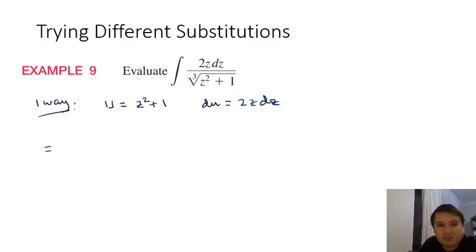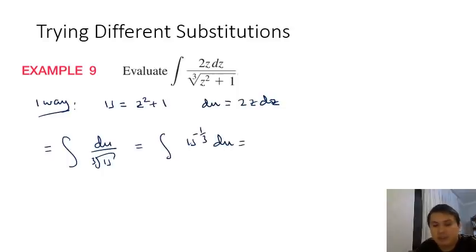So then, once we make the substitution, at the top I will get du, at the bottom I'll get the cube root of u, and I can rewrite it as u to the minus 1 over 3 du, and simply apply the power rule for antiderivative. So you increase the degree by 1, and then divide by the same degree that you got.